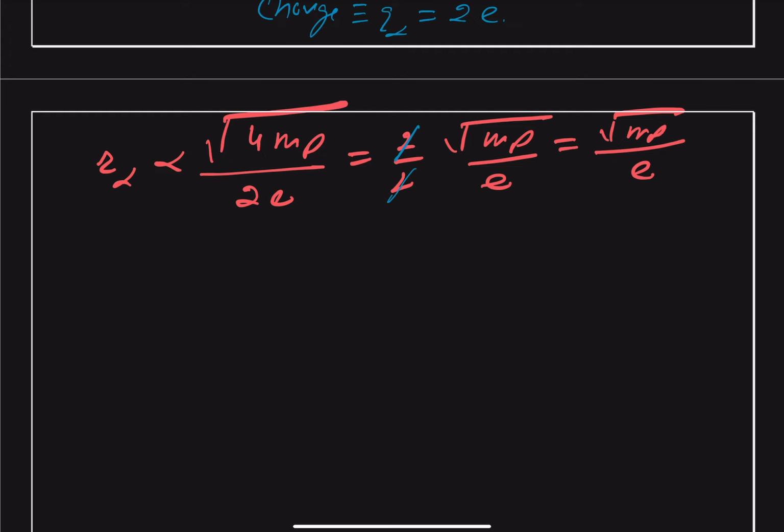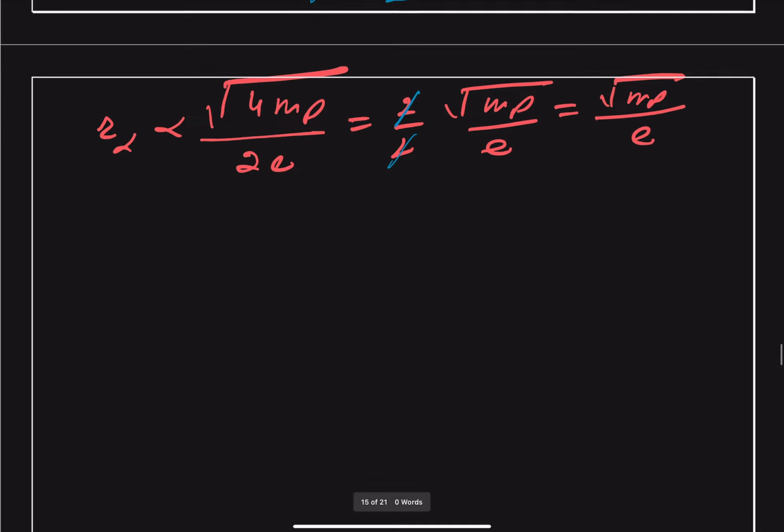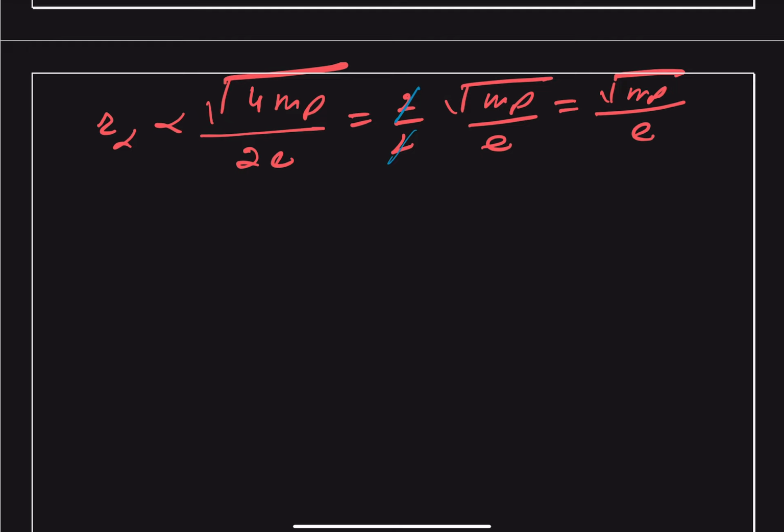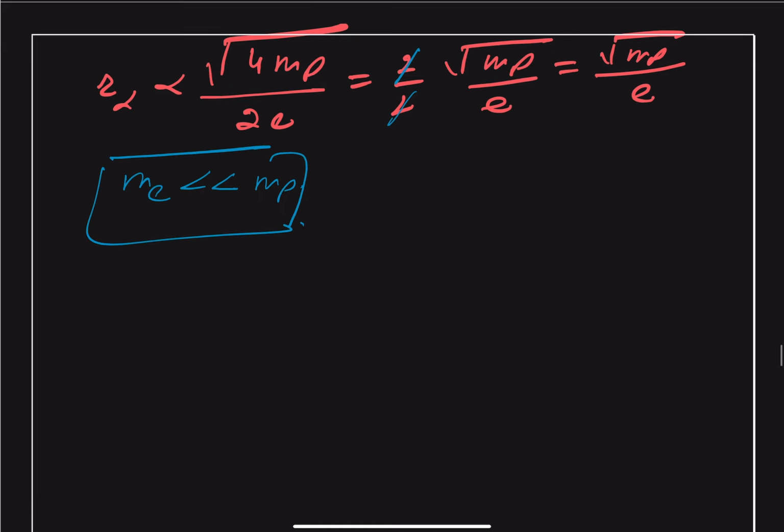Now we can easily find out the ratio. And one important thing is that the mass of electron is very much less than the mass of proton. Therefore, we can write that radius of electron will be less than radius of proton, but will be equal to radius of alpha particle.